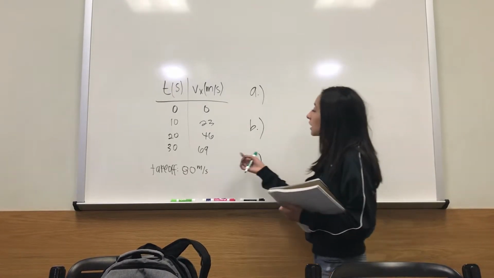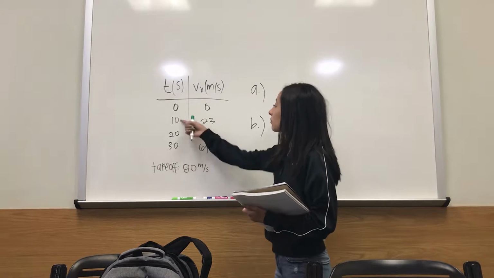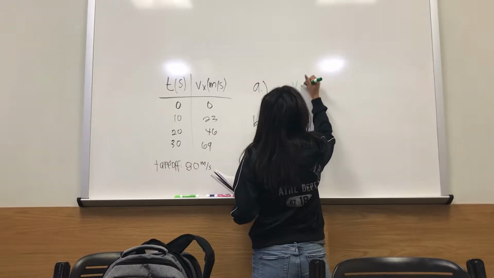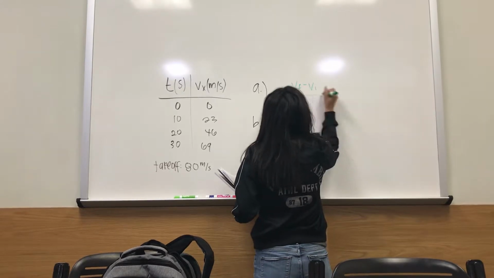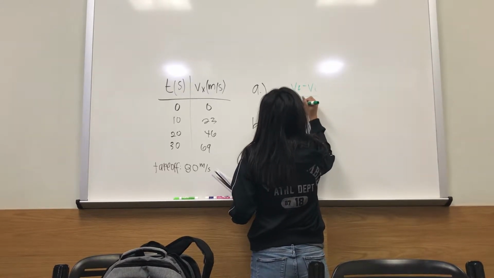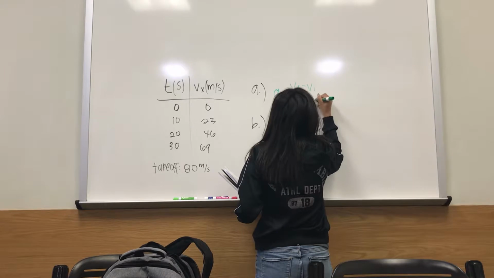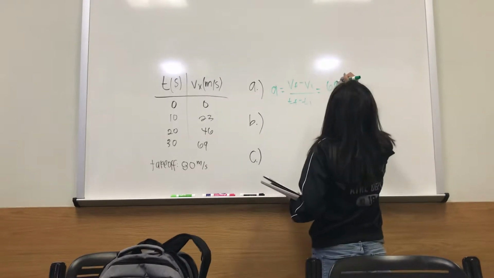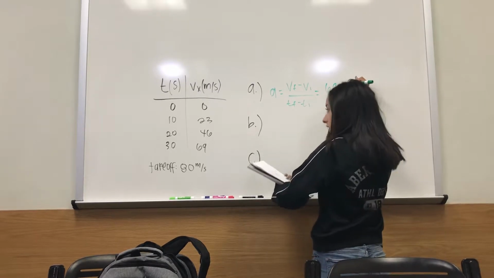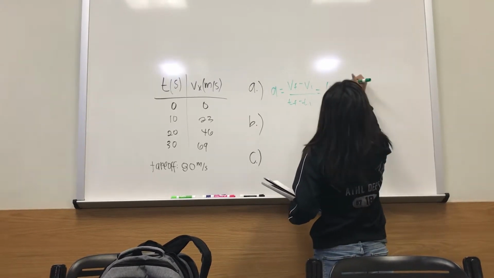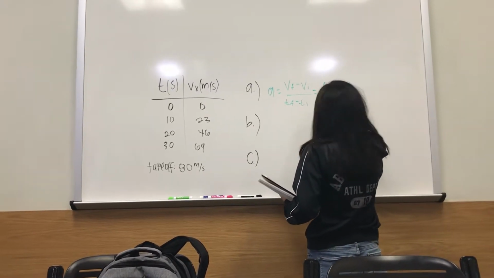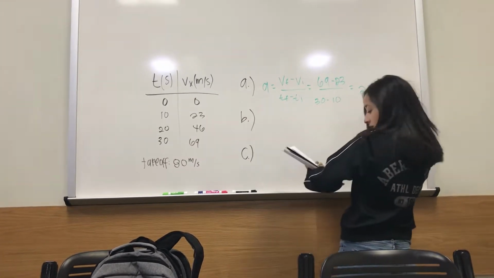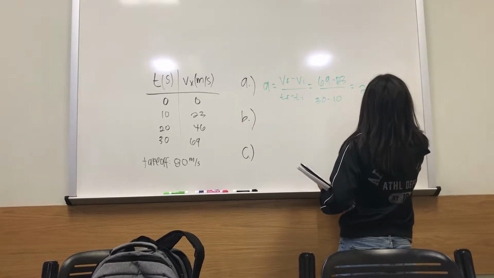We're going to take these 4 numbers and use this equation, which is acceleration is velocity final minus velocity initial over time final minus time initial. When we use those numbers, we get 69 minus 23 over 30 minus 10, and that should give us 2.3 meters per second squared.